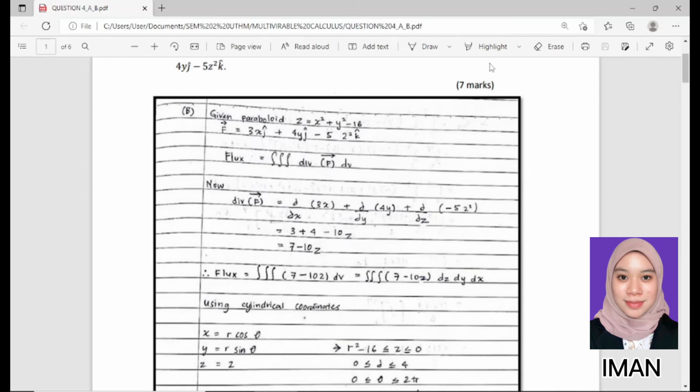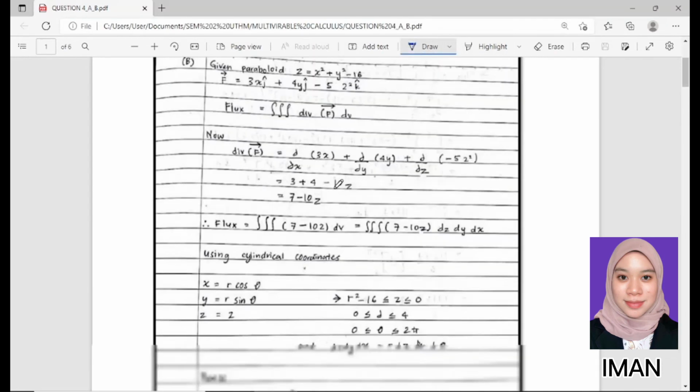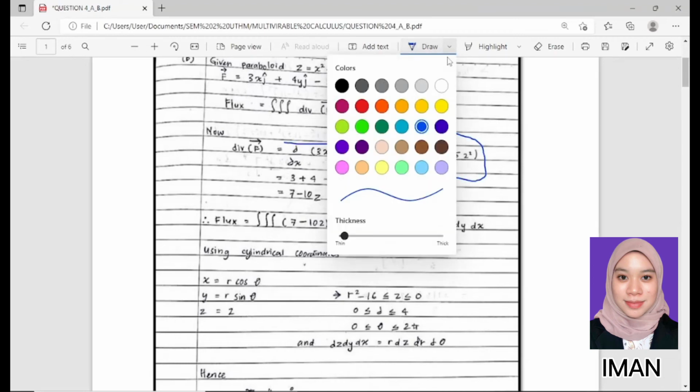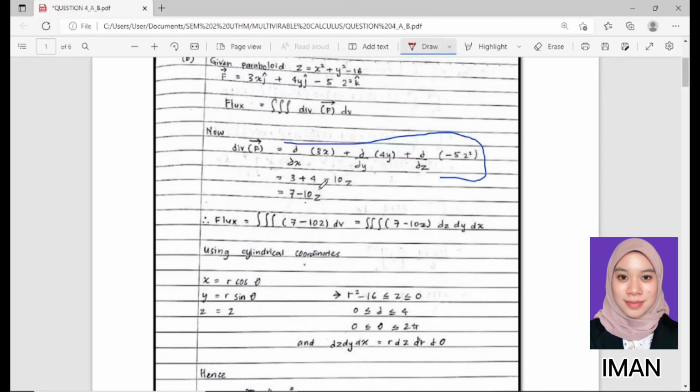So our first step, we must do like this, and after this equation we get 7 minus 9z.